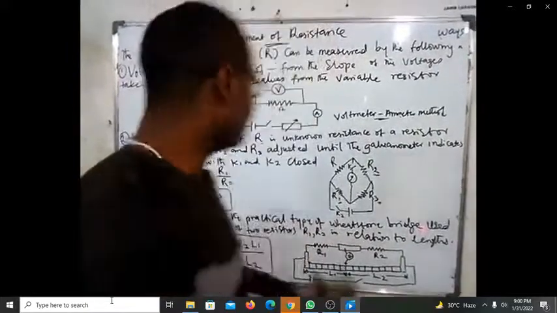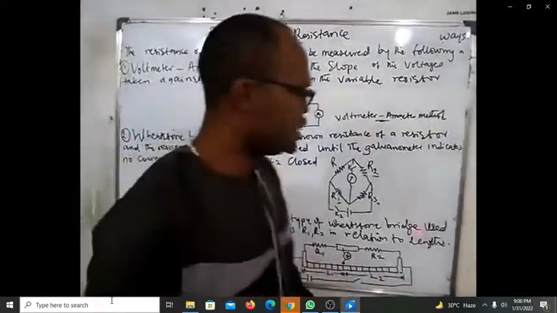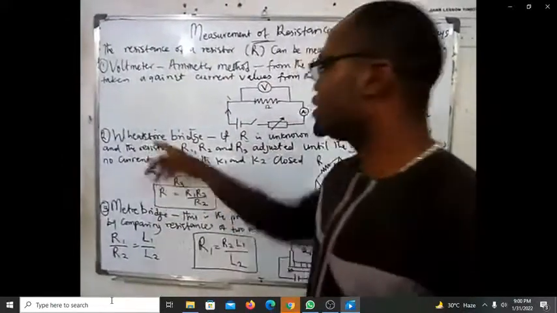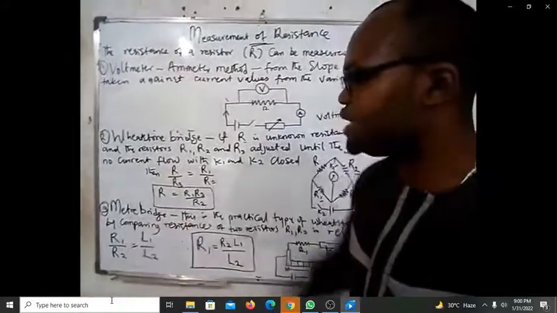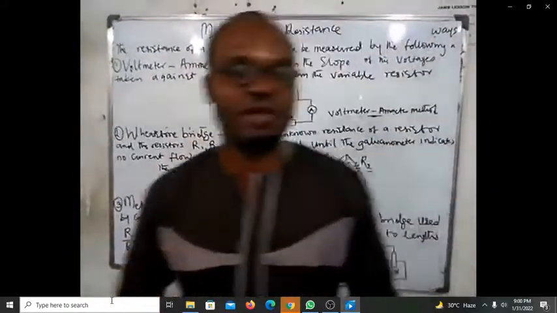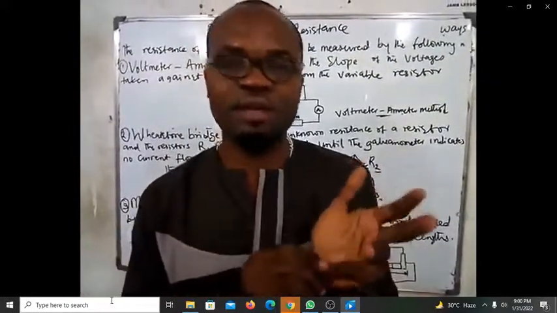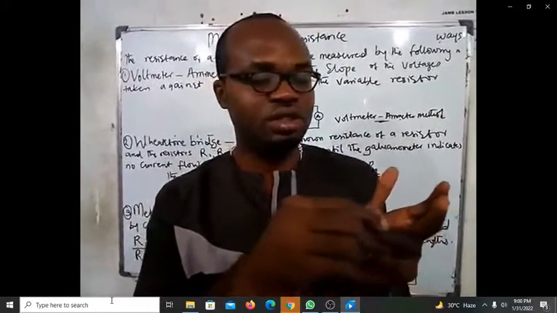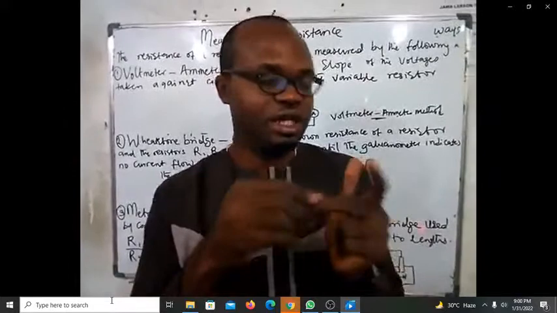Number two is that we can use the Wheatstone bridge, a setup or an apparatus known as Wheatstone bridge. And number three, we can use another apparatus known as meter bridge. So three ways of measuring the resistance of a resistor are: number one, voltmeter-ammeter method; number two, using a Wheatstone bridge; number three, using a meter bridge.